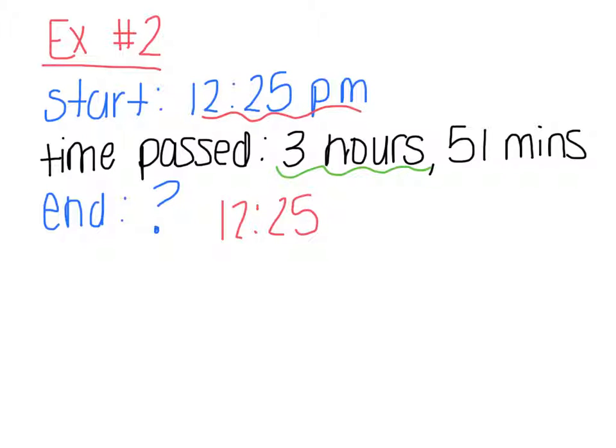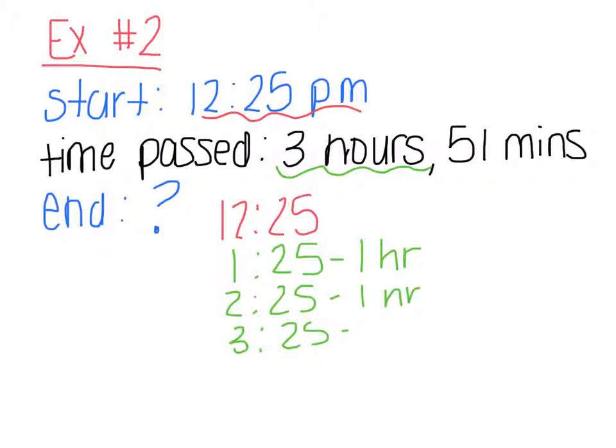So I'm going to count up 3 hours. So 12:25 p.m., 1:25 is 1 hour, 2:25 is another hour, and 3:25 is another hour. So there's my 3 hours.